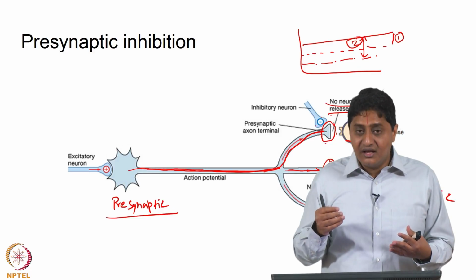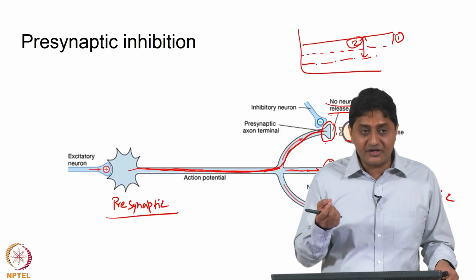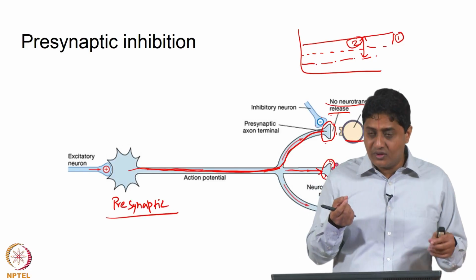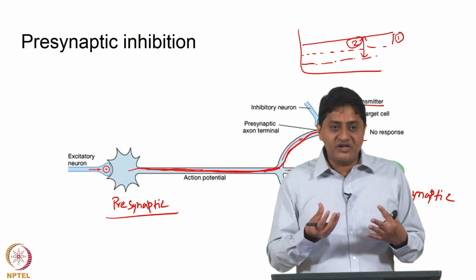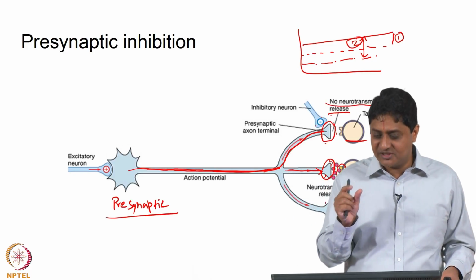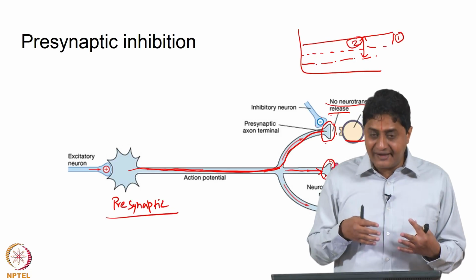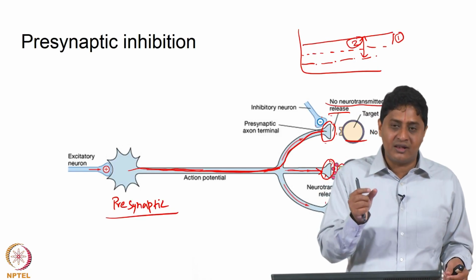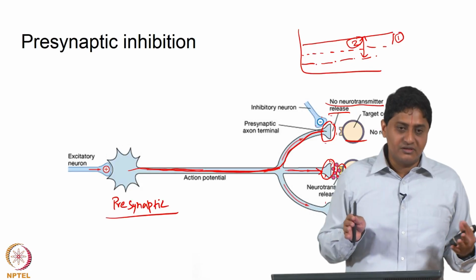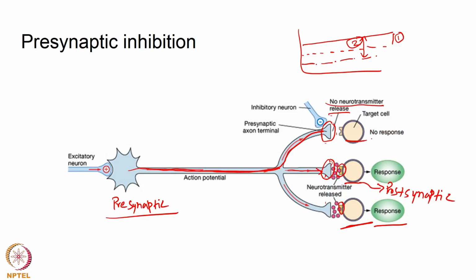Because of this, no new amount of neurotransmitter is going to be released. So, the amount of neurotransmitter release is proportional to the difference in the amount of calcium that is present before the excitation arrives and after it arrives. If that difference is small, there is little neurotransmitter, and if that difference is 0, no neurotransmitter will be released. So, this postsynaptic cell will not respond at all.